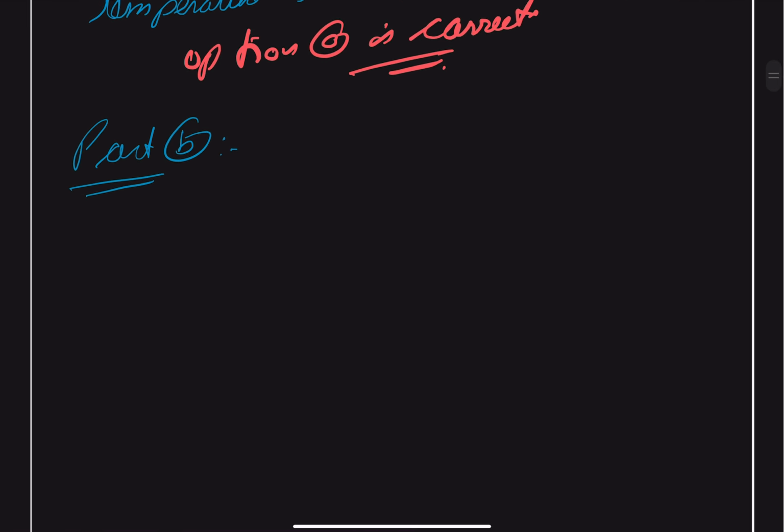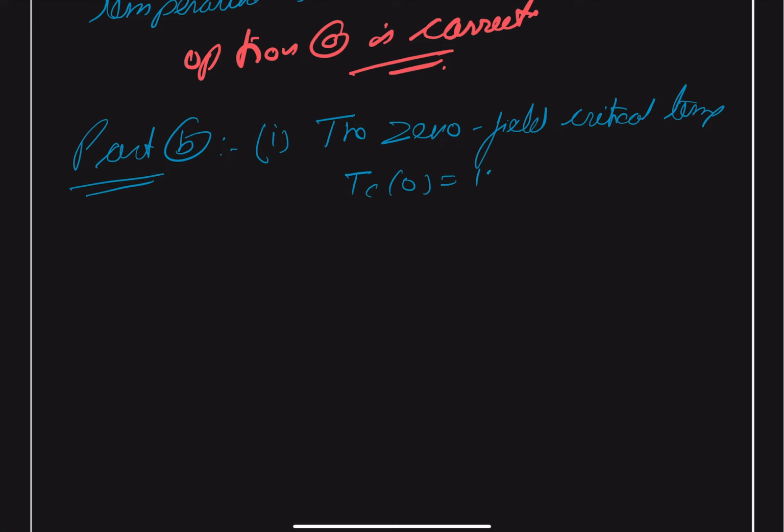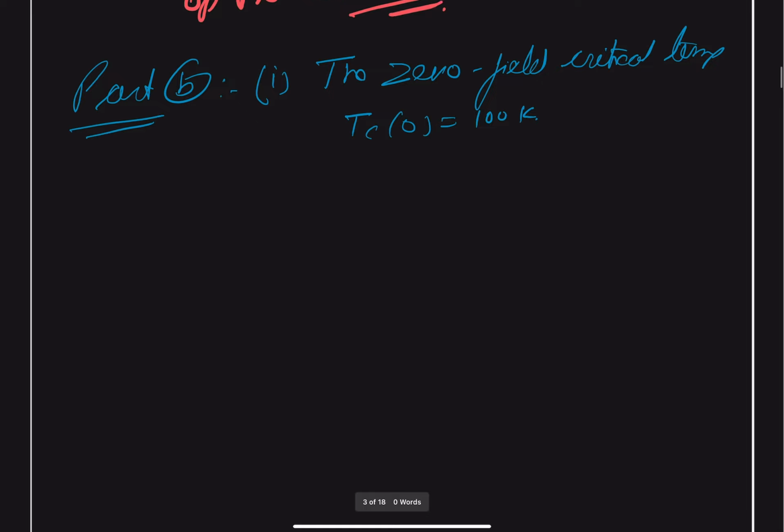So we are given, first point, the zero field critical temperature, that is our Tc naught, is given as 100 Kelvin.